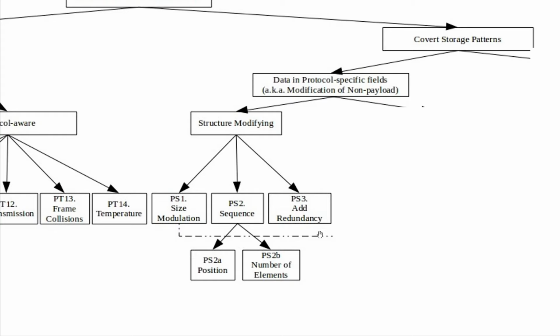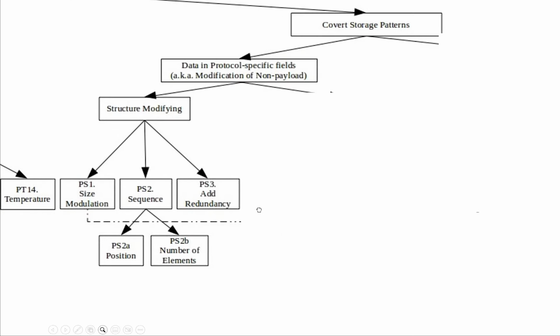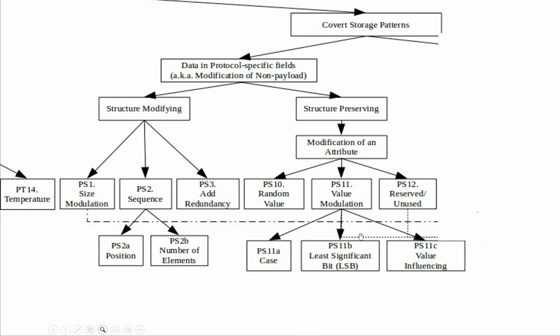The protocol will still comply and everything will work, but you can add some information in it. And the last step is when you keep the structure, but you modify values. For example, if you can select some random value somewhere that you can put information in. Again, HTTP: you say, this is my resolution.